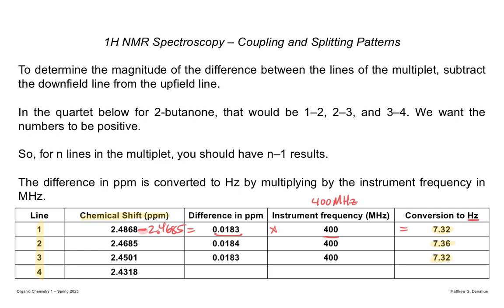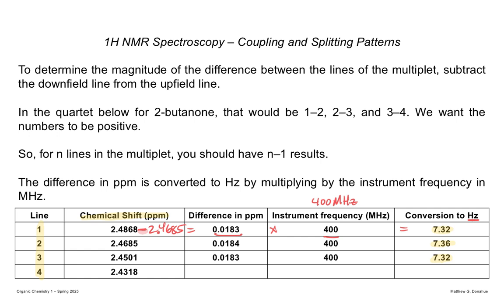If you ran this spectrum at 600 megahertz, the difference in the ppm would change, then you multiply it by 600 and you're still going to get 7.3. Remember that for any 1 ppm unit on this instrument, that is 400 hertz.